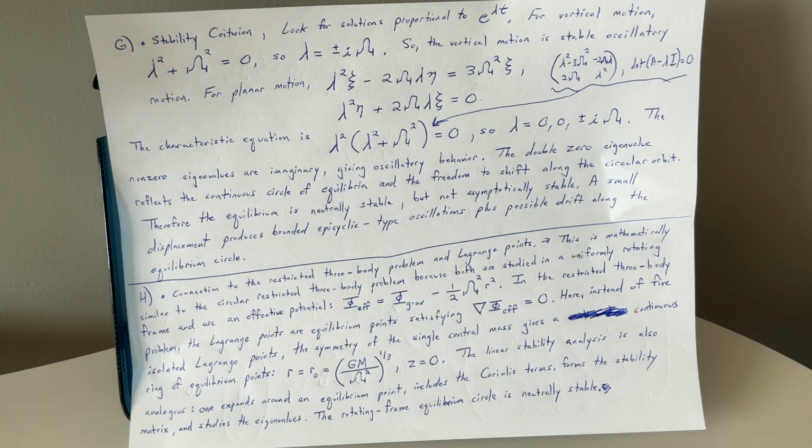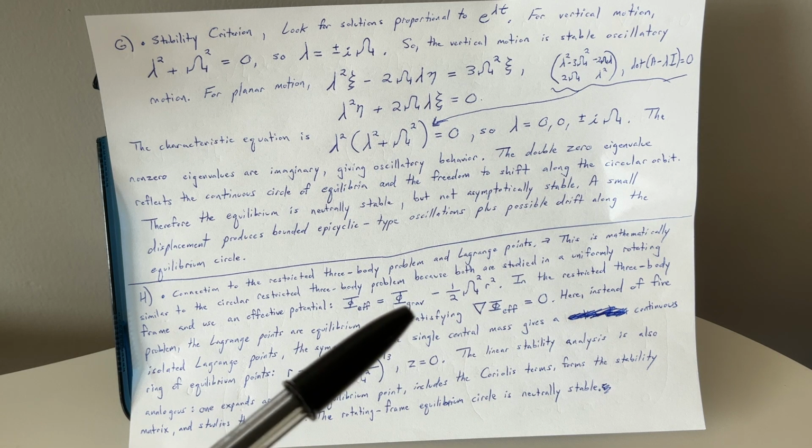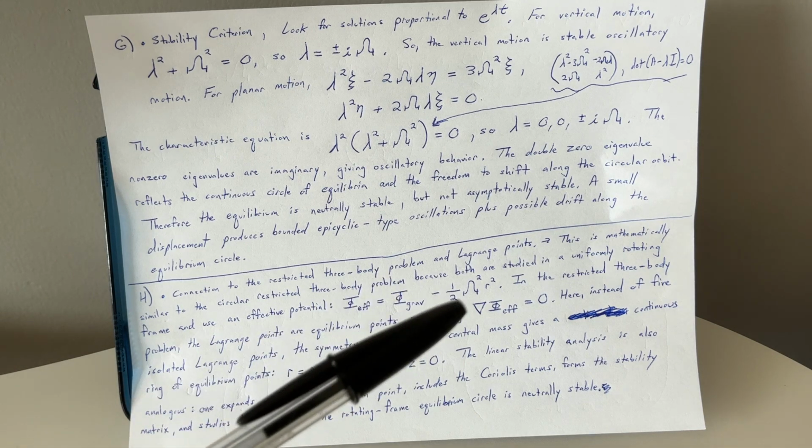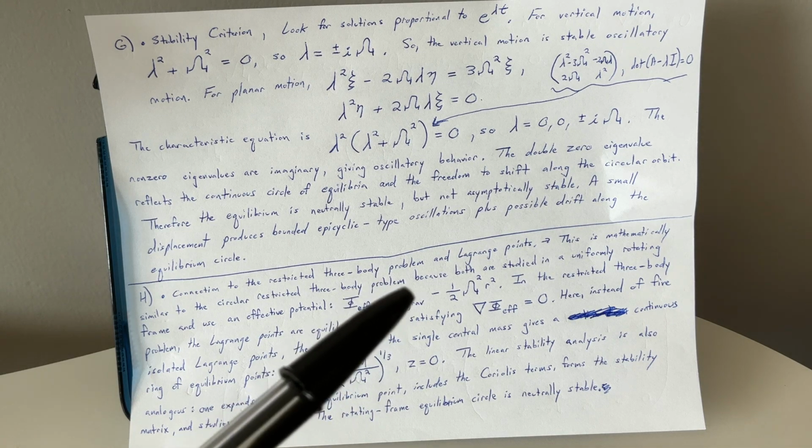And moving on to the last one, letter H, discuss the connections with the restricted three-body problem and the stability of the Lagrange points. This is mathematically similar to the circular restricted three-body problem because both are studied in a uniformly rotating frame and use an effective potential, where phi sub EFF equals phi sub GRAV minus 1/2 omega squared R squared, and phi sub GRAV is the gravitational potential.